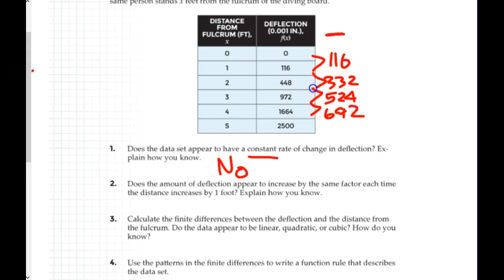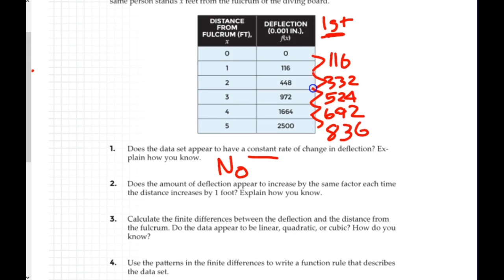Again, with the subtraction, this is the first difference. The first difference is not constant, and it's not even close. It keeps increasing by a lot.